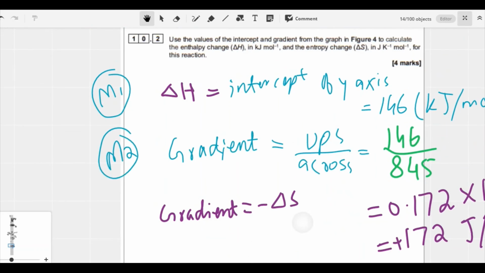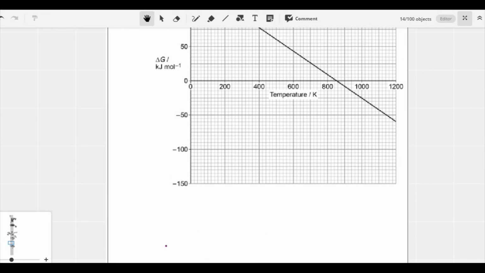Regarding feasibility, if you look at the graph, at 0 on the axis the temperature is 845. At that point there is no positive and no negative, so you can see the temperature is 845 Kelvin.